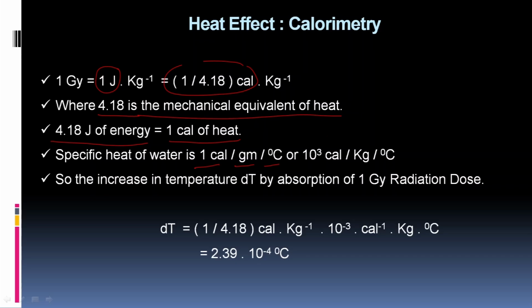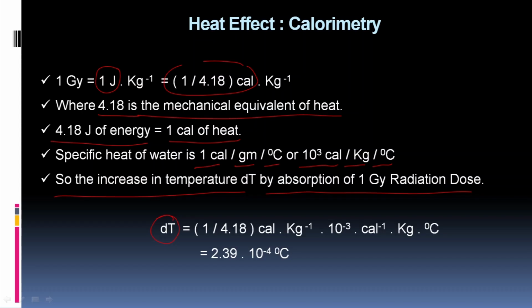Now, if we convert this calorie per gram per degree centigrade to calorie per kg per degree centigrade, this is 10 to the power 3 calorie per kg per degree centigrade. So, the increase in temperature dT by absorption of 1 Gray radiation dose, dT is the temperature increment by absorption of 1 Gray radiation dose.